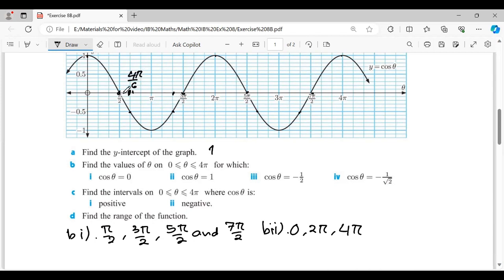This is 8 pi over 6. And this one, 8 plus 6, 9, 10, 11, 12, 13, 14, 15, 16. This is 16 pi over 6. And then this one, 17, 18, 19, 20. This is 20 pi over 6.